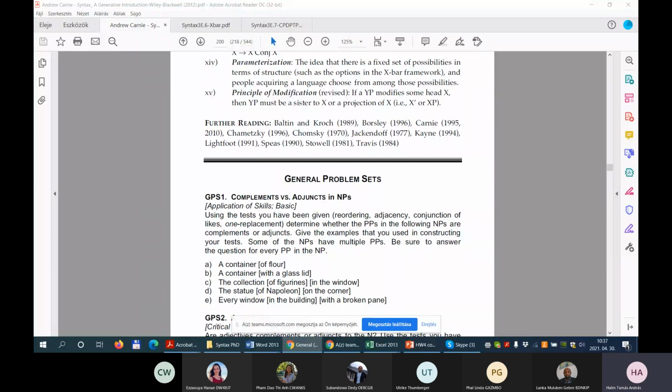So it's better to use the other tests, such as one replacement or adjacency. Those are more reliable, I would say. But it's a bit like testing for coronavirus. Some tests have 100%, 99% accuracy, others just 80. So I would say this of PPs being complements is like a quick test, which works most of the time, but not always. And the other ones are more precise.